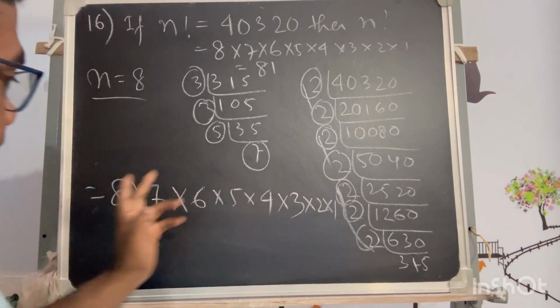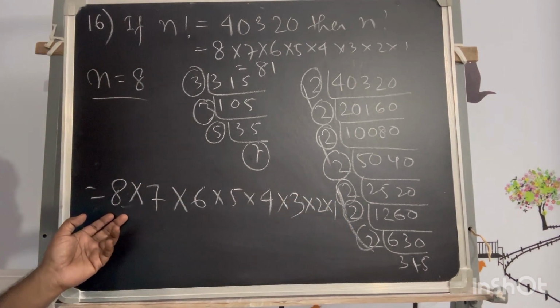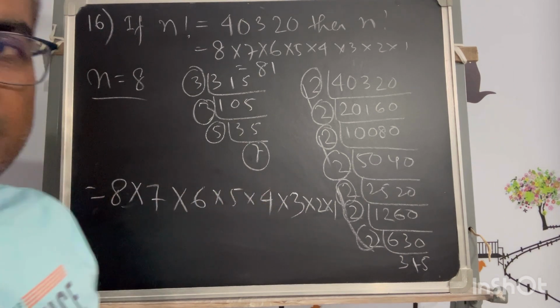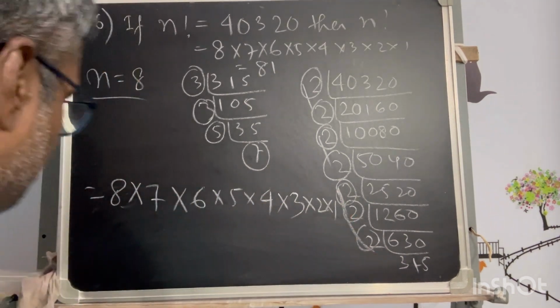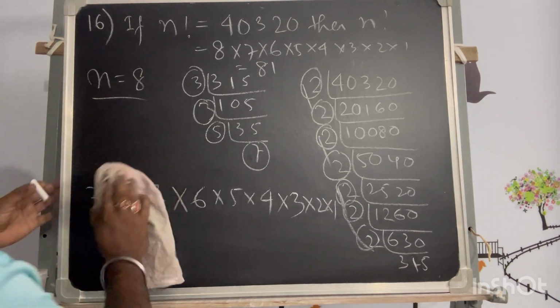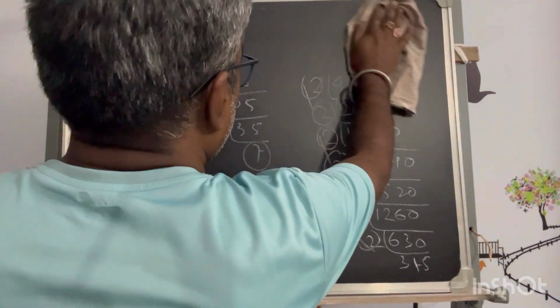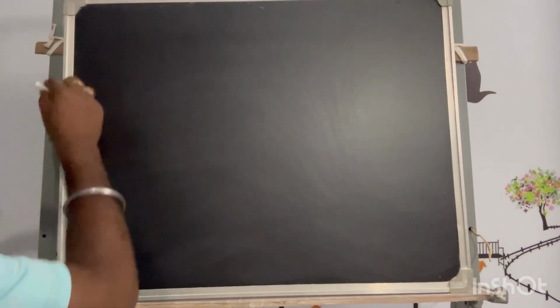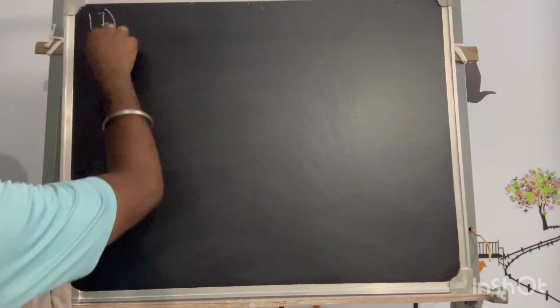The remaining can be placed by multiplying together of higher order. So this is the process of doing. Otherwise you can do it by trial and error method also. Okay. So moving to the next, it is 17.